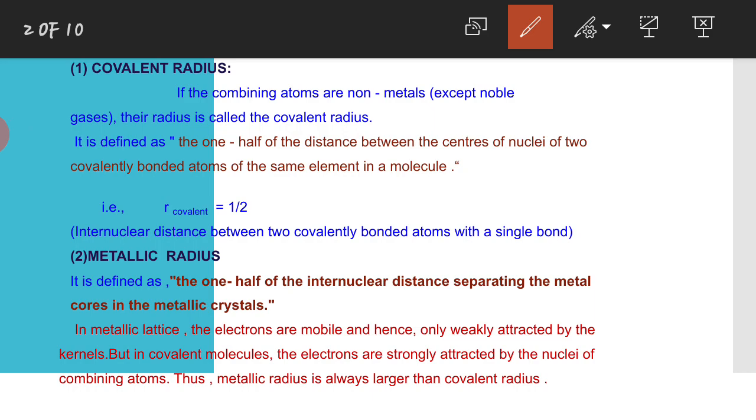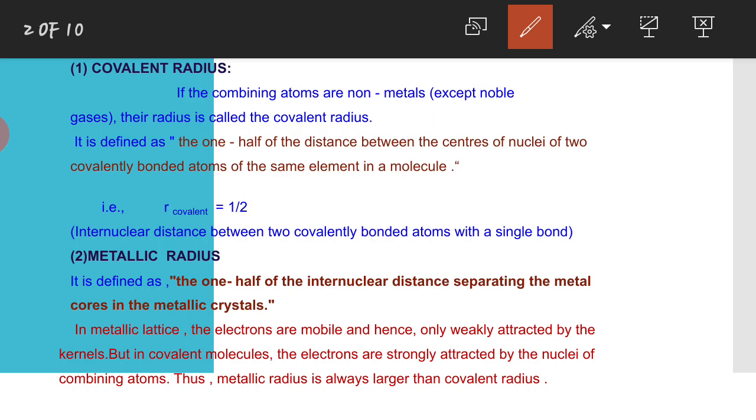Covalent radius is defined as one half of the distance between the centers of nuclei of two covalently bonded atoms of the same element in a molecule. R covalent is equal to 1 by 2 of the internuclear distance between two covalently bonded atoms with a single bond.